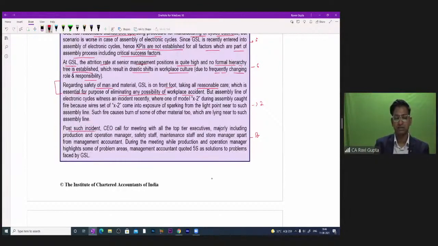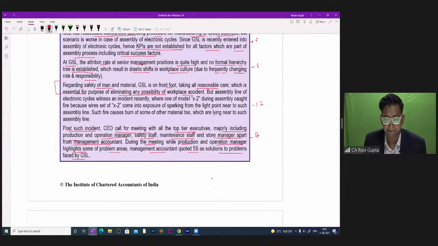Post such incidents, the CEO calls a meeting with all the top tier executives, majorly including the production and operation manager, safety staff, maintenance staff, and a store manager, apart from the management accountant. During the meeting, while the production and operation managers highlight some of the problem areas, the management accountant quoted 5S as a solution to the problems faced by GSL, right?